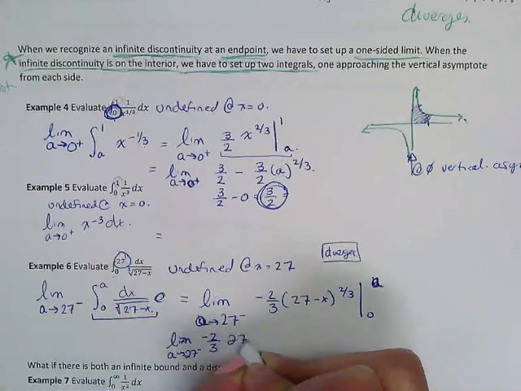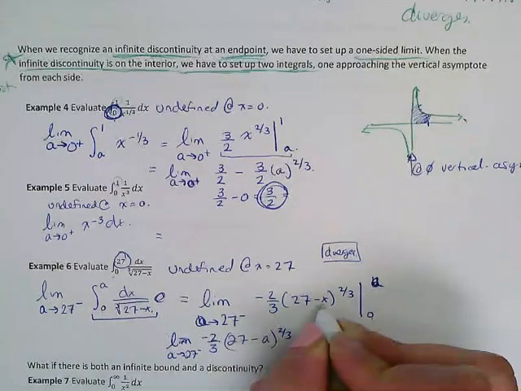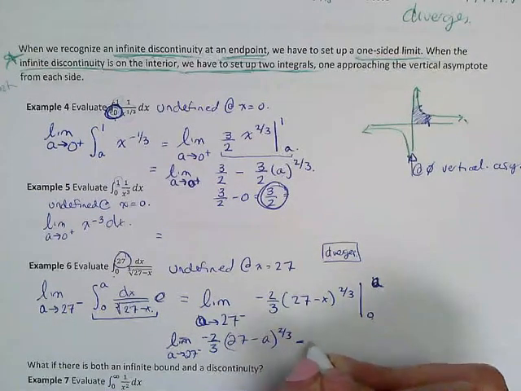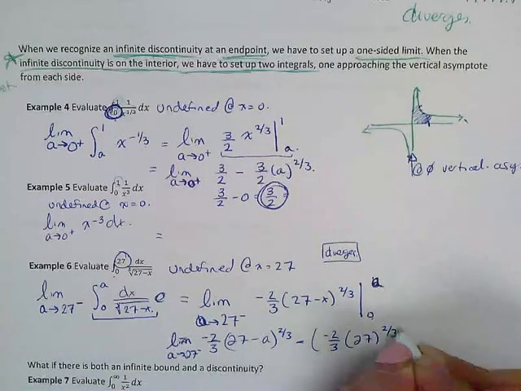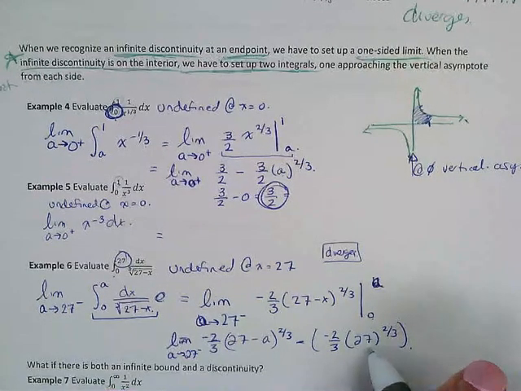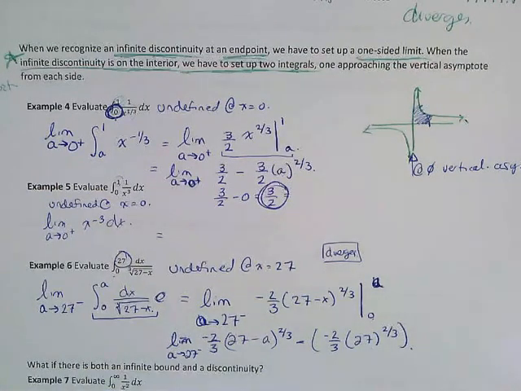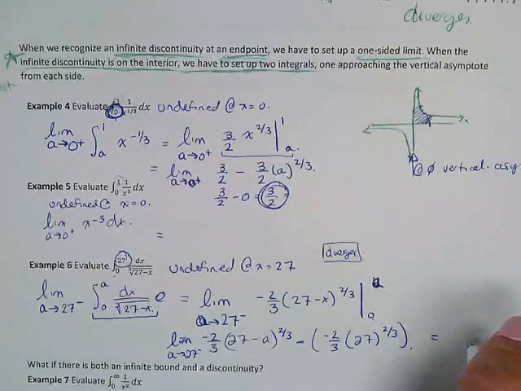So negative 2/3 times 27 minus a to the 2/3, minus, so here if you plug in 0, you get negative 2/3 times 27 to the 2/3, which actually is just going to be 9. Okay, and I'll let you guys finish this off. And you should get 27/2.